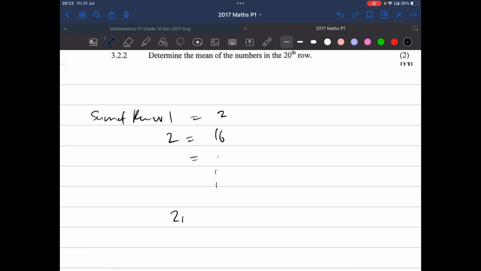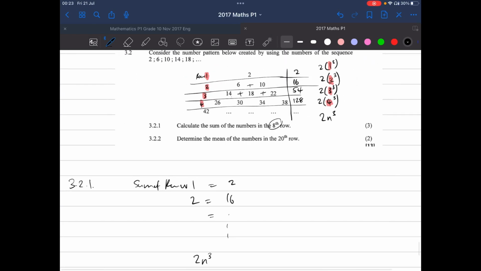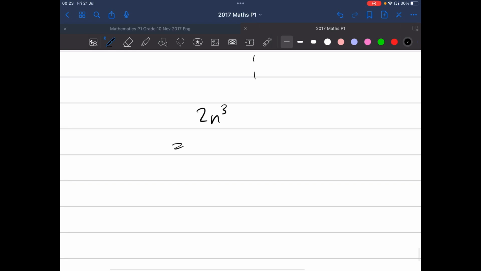And then you could show the pattern is that. And now all you have to do, because they asked for the 8th row, is to just do 2 times 8 cubed, which gives us 1024. Okay, cool.